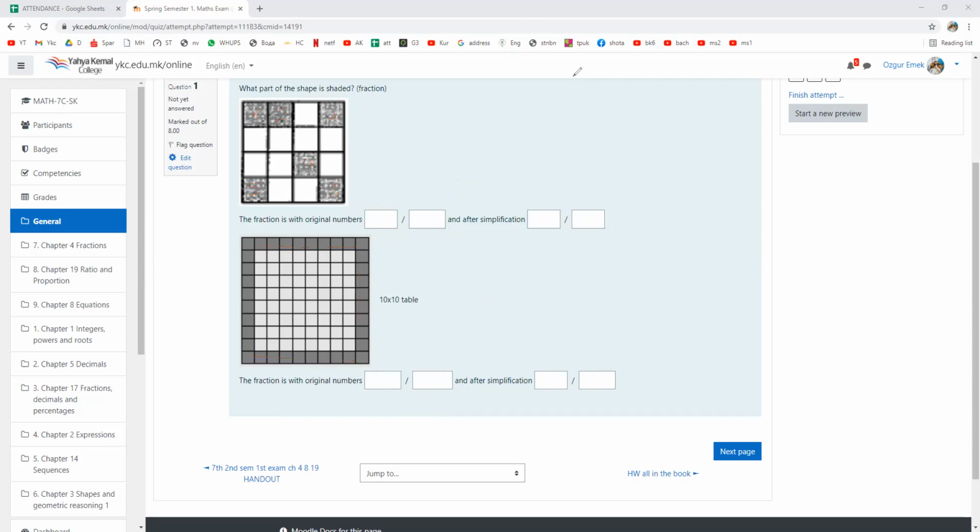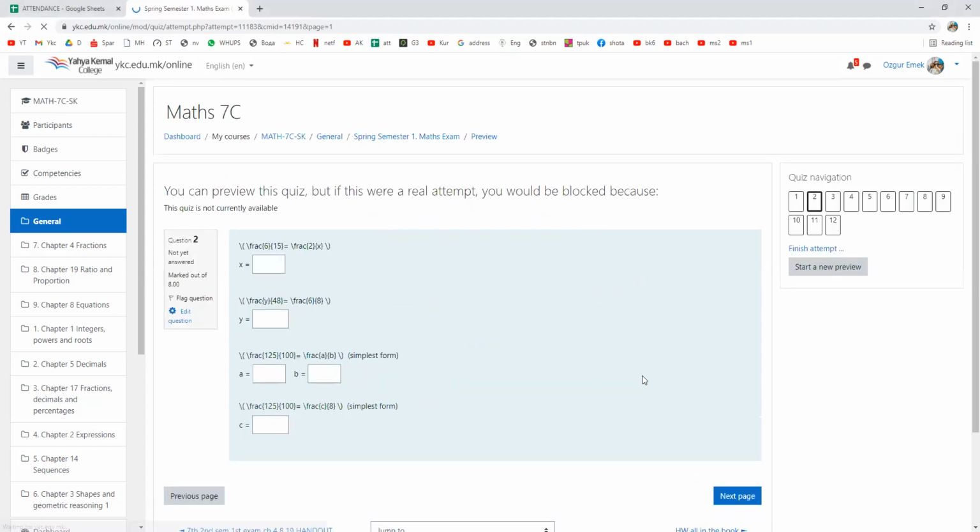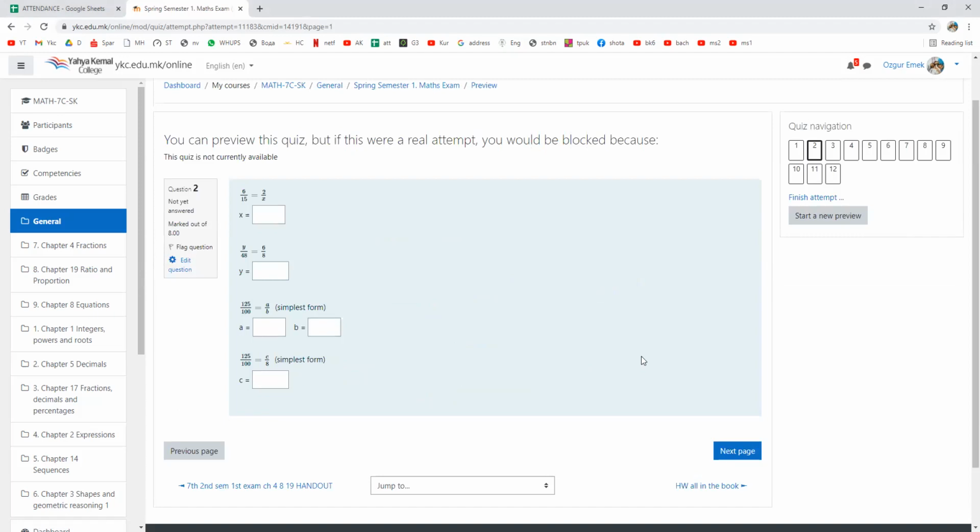Next problem. We are asked to find the unknown in each. We have a pattern. It's very small, so better if I zoom in.